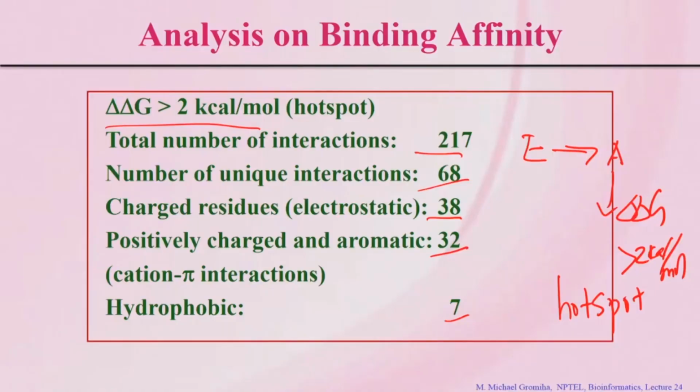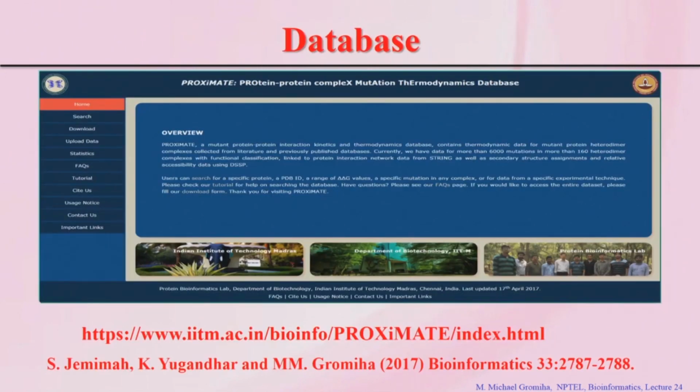Here I generalize with the type of interactions and the specific pairs. I will explain a little bit about the database, which contains the binding affinity of protein complexes, along with other different types of structural information as well as the literature information.